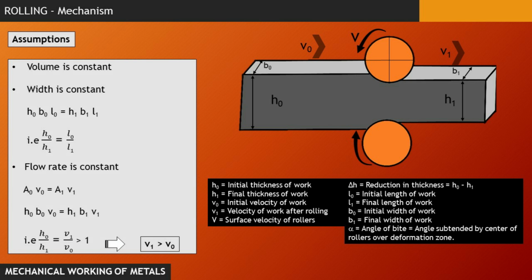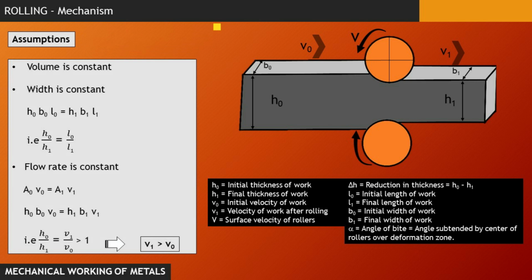In practical sense, it's not at all possible, because as far as hot rolling is concerned, oxide layer generation and scale formation will be there, and due to the scale formation, the volume will be considerably reduced. But for the sake of understanding the process, we are assuming the volume is constant. We are taking an ideal condition.